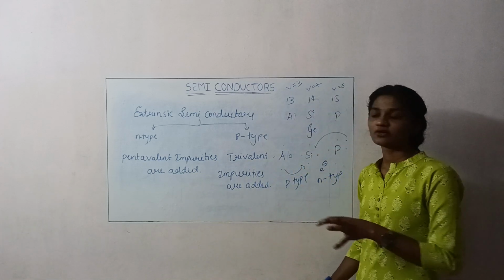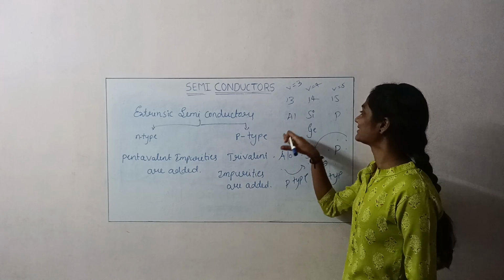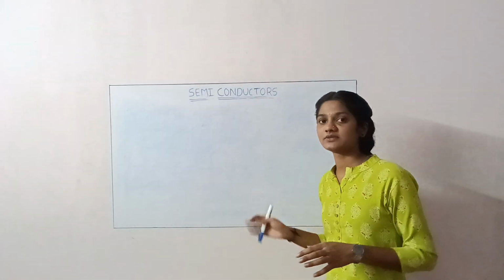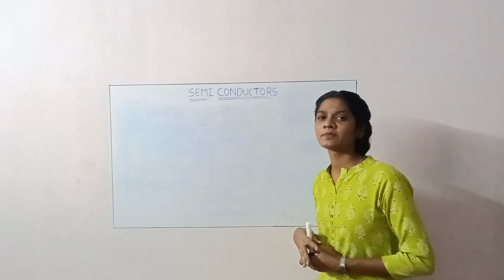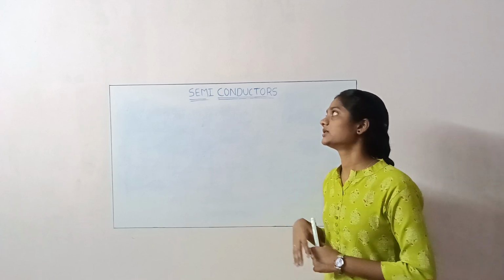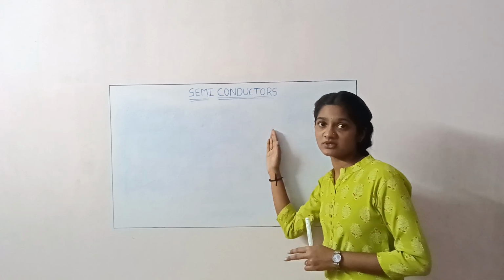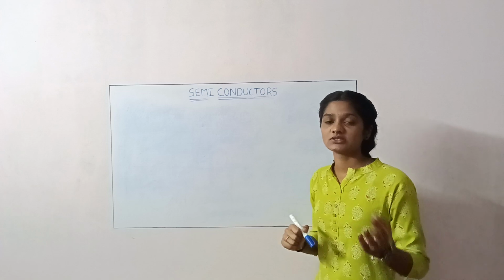So from this we got N type semiconductors and P type semiconductors. Until now, we have studied the classifications related to conductors, semiconductors, insulators, and also what semiconductors are and the types of semiconductors, intrinsic and extrinsic.